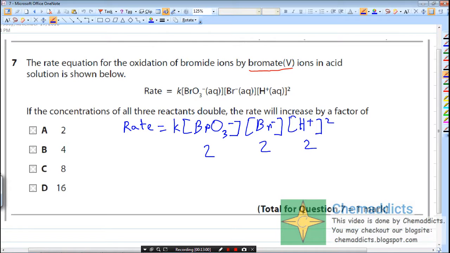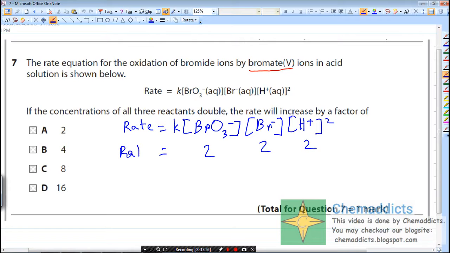Each reactant's concentration is increased by a factor of 2.